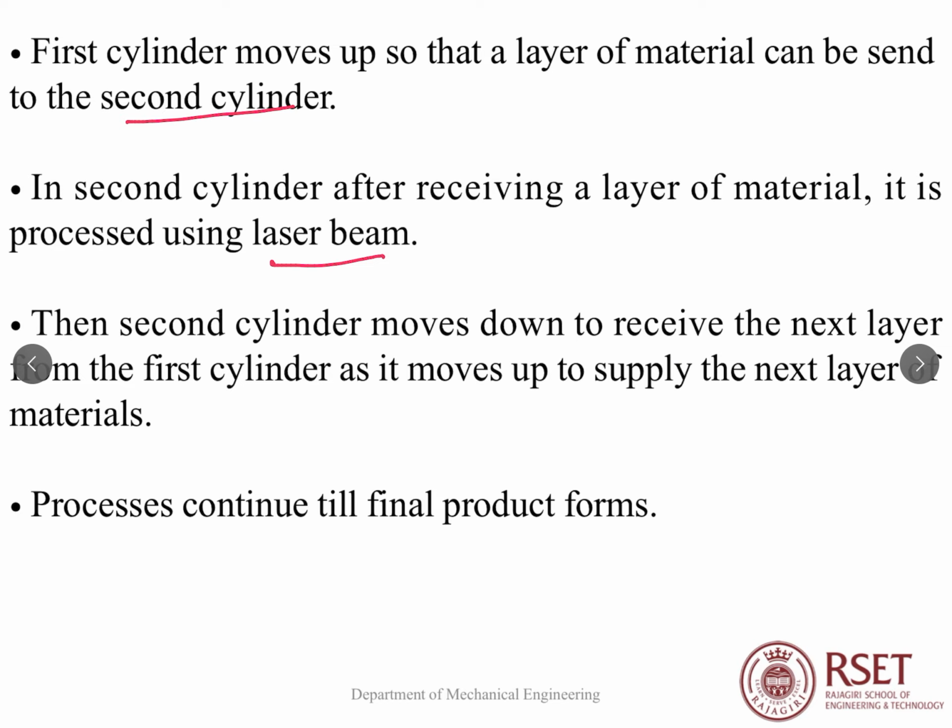So in the powder bin, the piston moves up, but at the same time the piston in the build area moves down. The process continues until the final product forms.